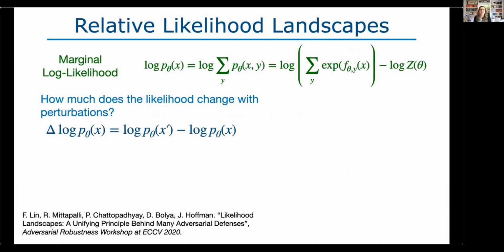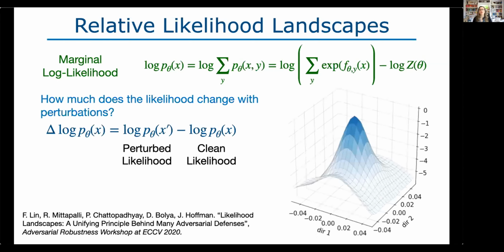And that gives us a relative term. So we want to know what is the change in log of p of x, in response to both the clean likelihood and a perturbed likelihood. Now, when we subtract these two quantities, what you may notice is that Z of theta is identical between the two and cancels out. And this is because they're computed under the same model without changes.